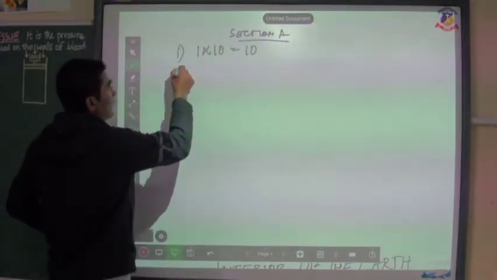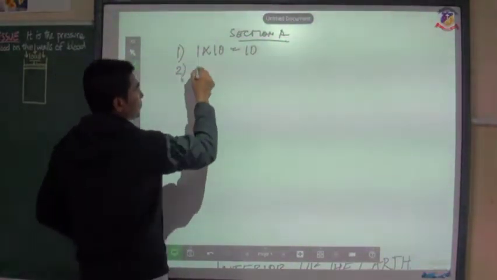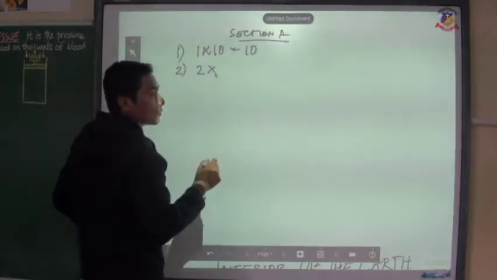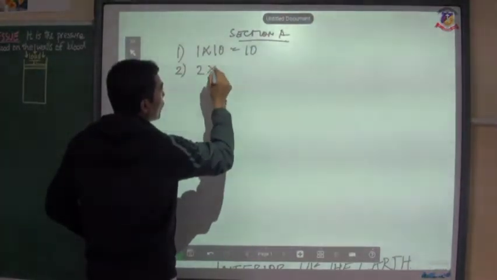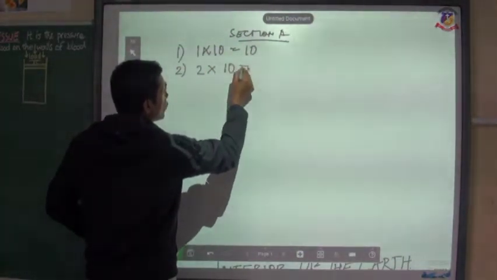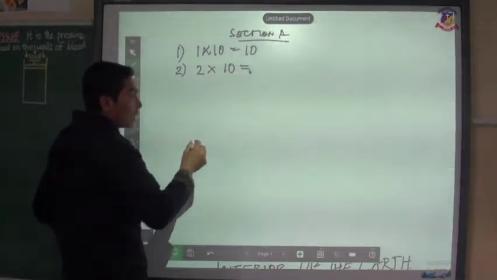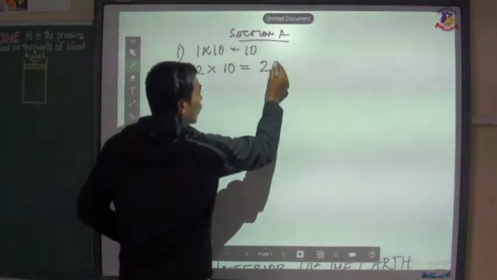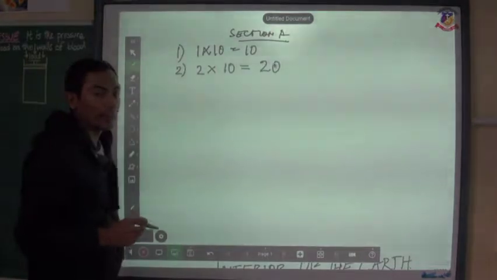Then the second question will be short questions and answers. You will be having 10 questions, each carrying 2 marks, and that altogether will be 20 marks.